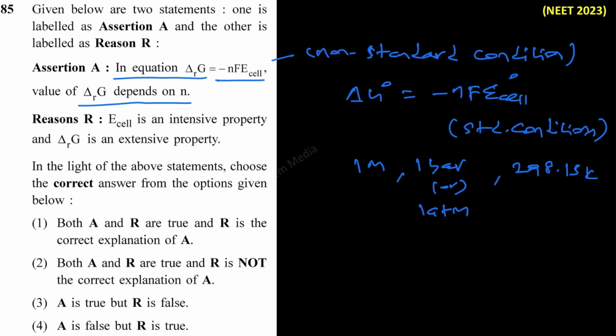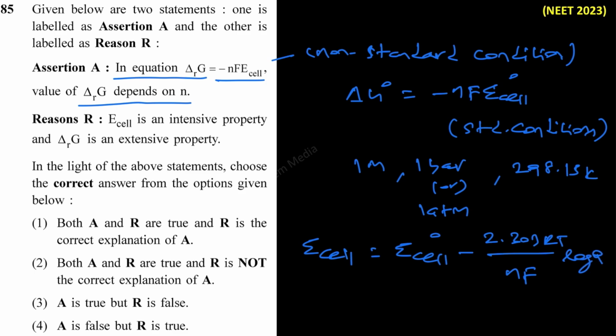So here it is mentioned as non-standard conditions, which means to find out the Ecell, we always have to use the Nernst equation, isn't it? Because under non-standard conditions, Ecell is equal to Ecell standard minus 2.303 RT by nF times log Q. If it is under standard conditions, Q will be 1.